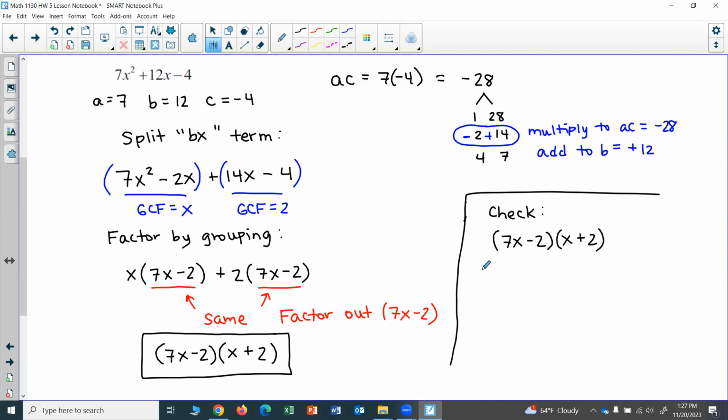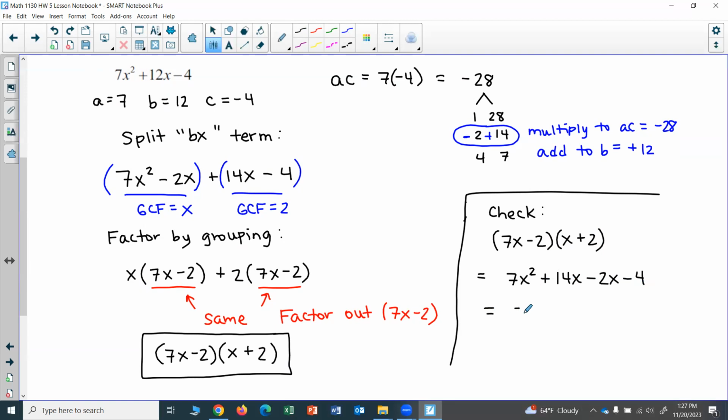So if I FOIL it out, I'll end up with 7x squared. Those are my first two terms. My outside terms are 7x and plus 2, so that would be plus 14x. Inside terms are negative 2 and x, so minus 2x. And the last terms are negative 2 times positive 2, so minus 4.